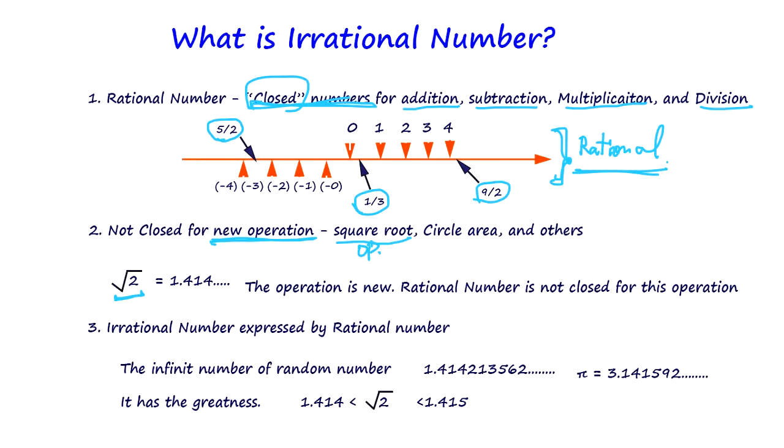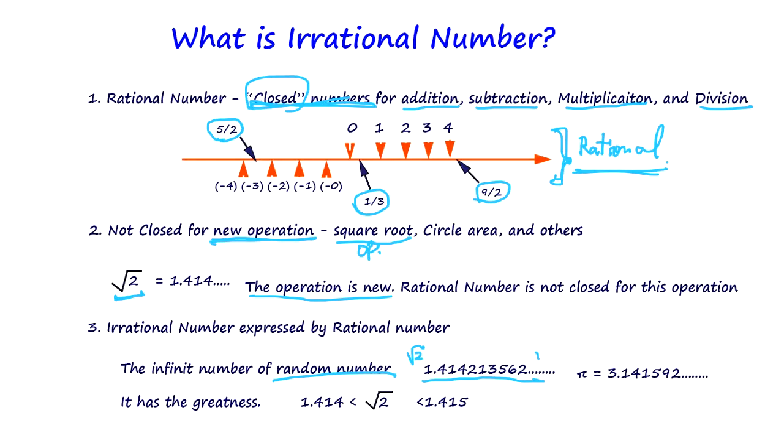There are many others, like the circle's area, and others. The new operation produces irrational numbers. So when you express an irrational number as a decimal, it's going to be an infinite number of random digits. For example, square root of 2 is going to be 1.4142135562.